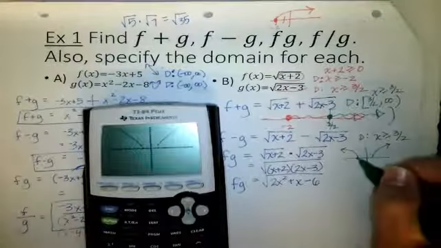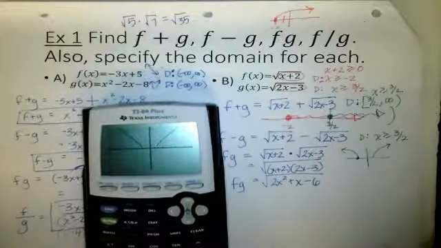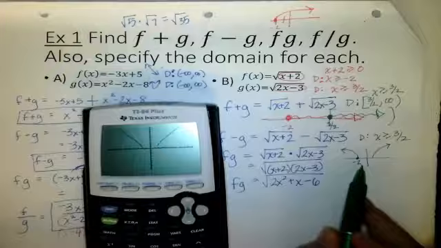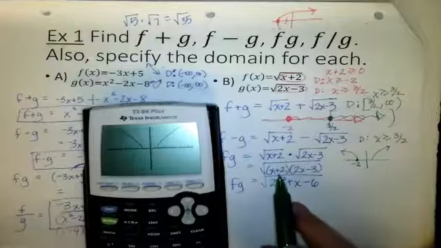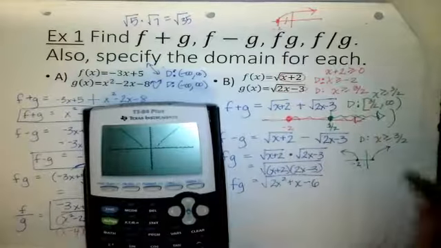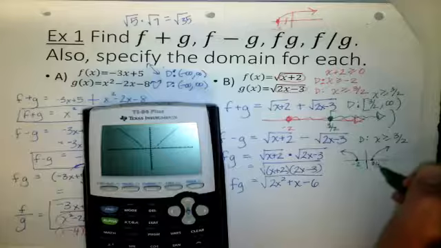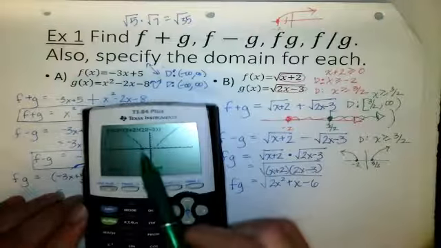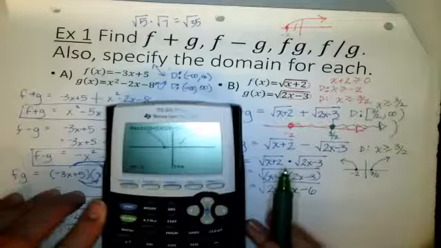What do you think this point here on the left is? -2. Guess where that came from? Right there. What do you think this point is? 3/2. Yes, I can trace and see those points are actually there.